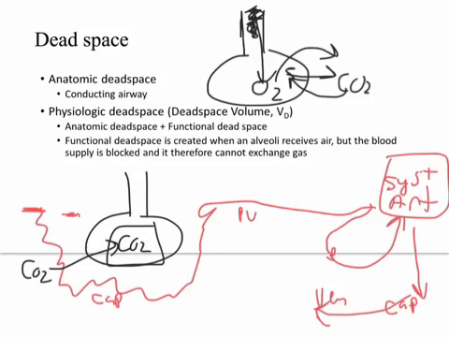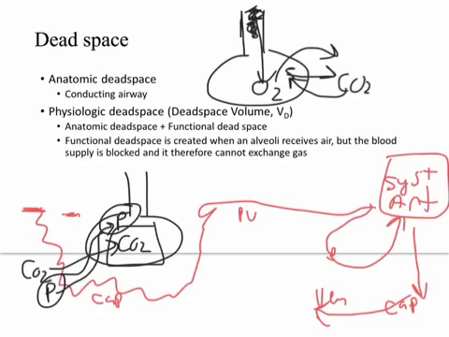The answer is that the pressure here became equal to the pressure here. So the pressure of CO2 in both areas became equal because the blood is near the alveoli for long enough. It just keeps wrapping and wrapping around it. It's near it long enough for the gas to become equilibrated between the two spaces.